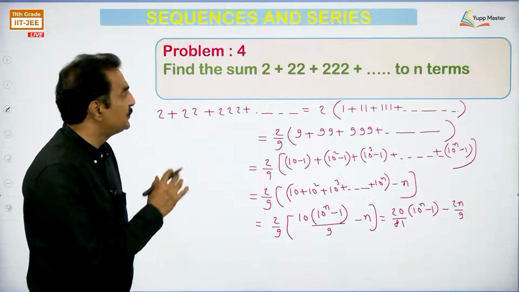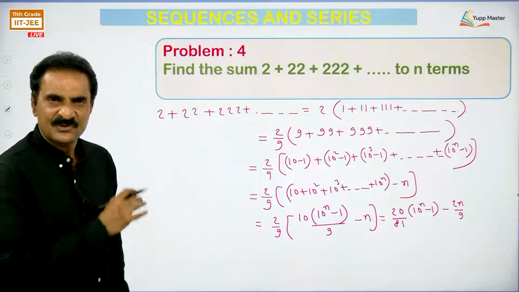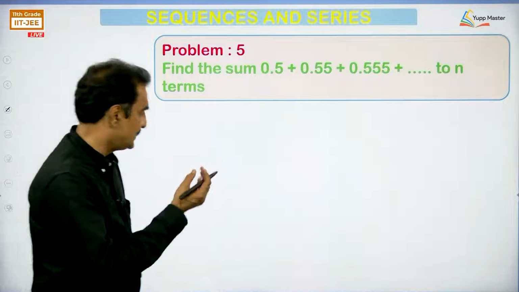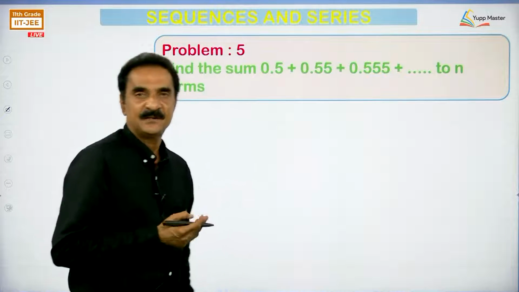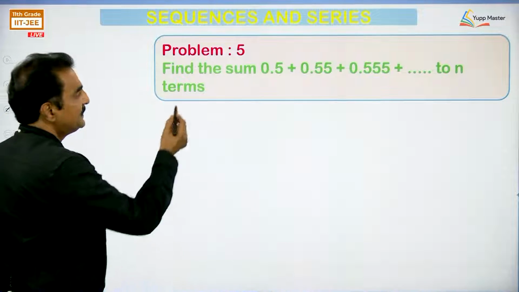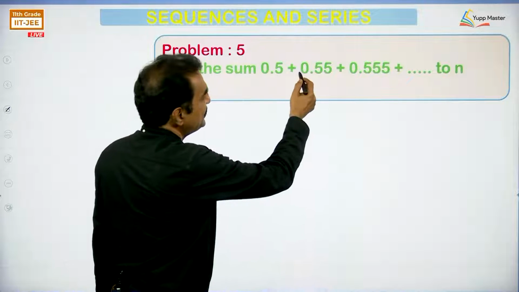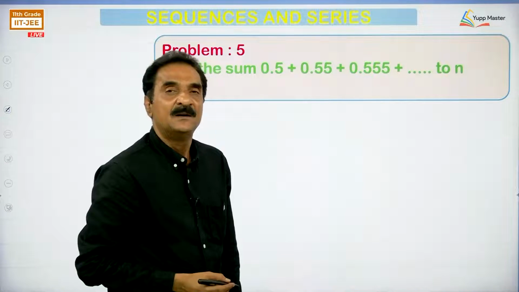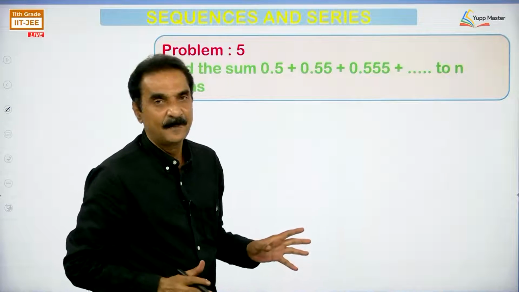Now I am going to give you one more question similar to this, almost similar. I will explain a few steps and leave it, you can calculate later. This time 0.5 plus 0.55 plus 0.555 and so on. We use the same technique.